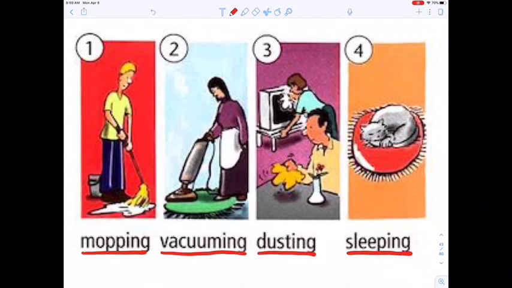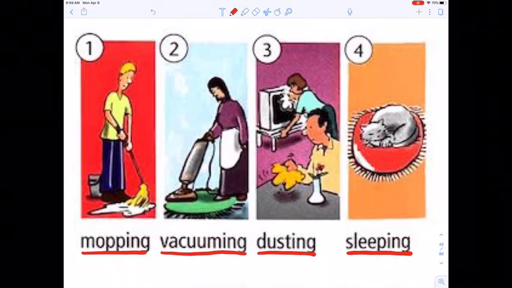Do you see the picture for number 1? He is cleaning the floor with water and soap, and he's using a mop. This is what we call mopping. Do you mop your floor?